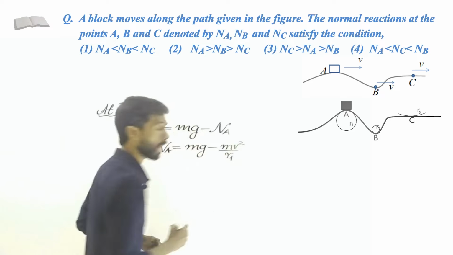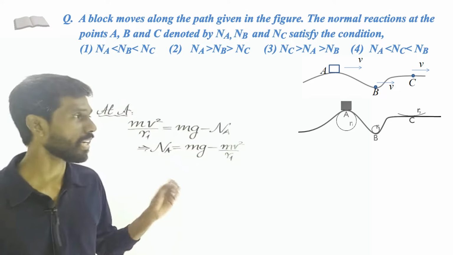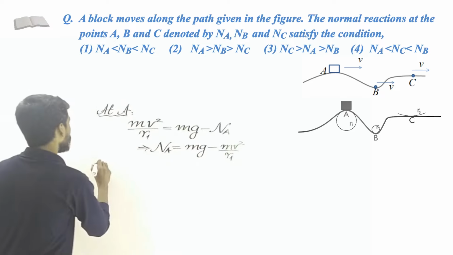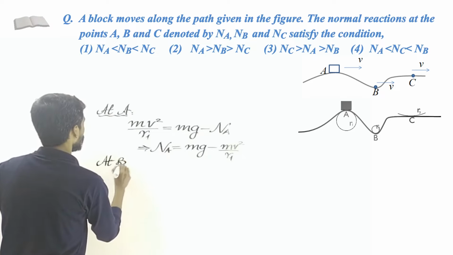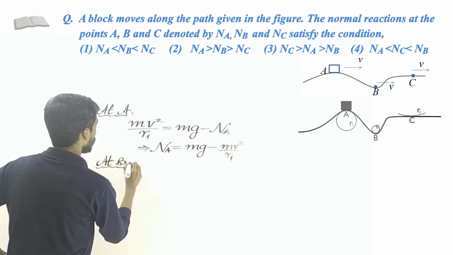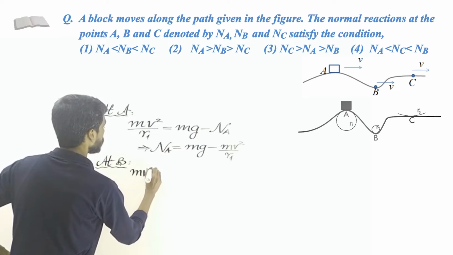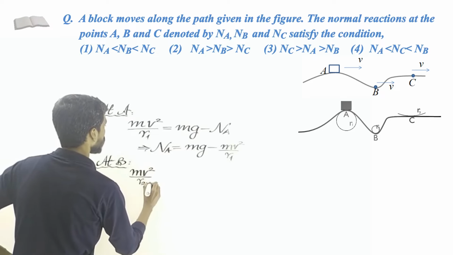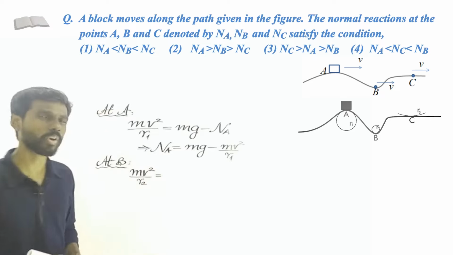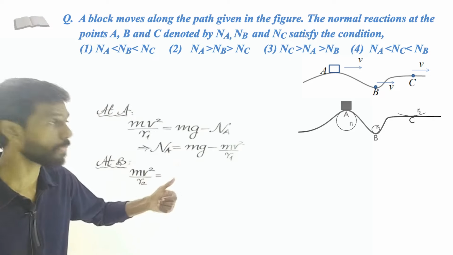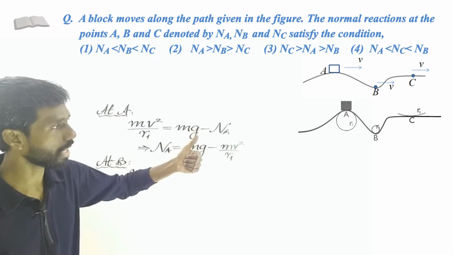We got Na. Similarly, we will find Nb, the normal reaction at the point B. Now we can use the same formula, mv square, because the speed is the same, we are using the same v only. That equals the forces acting towards the center, that means in the vertically upward direction.